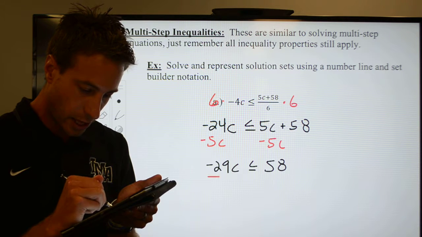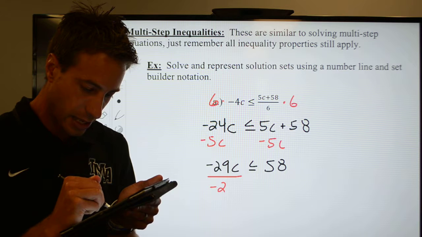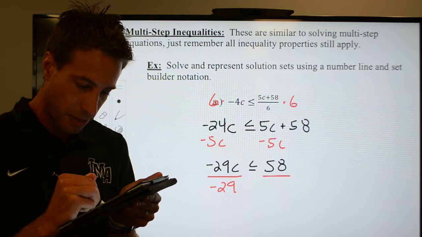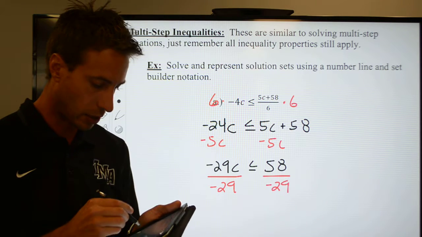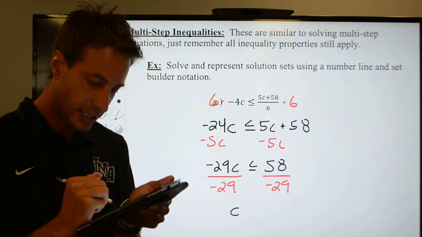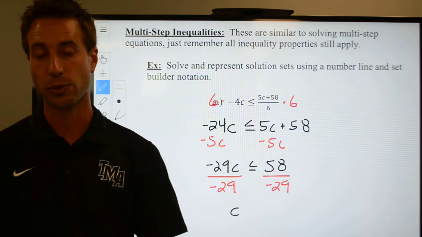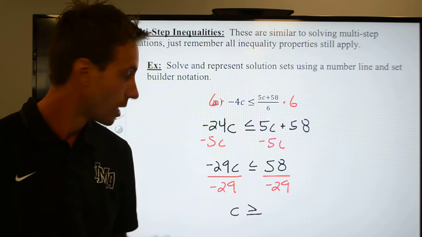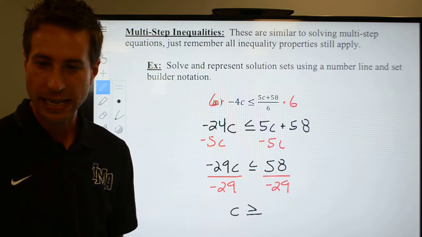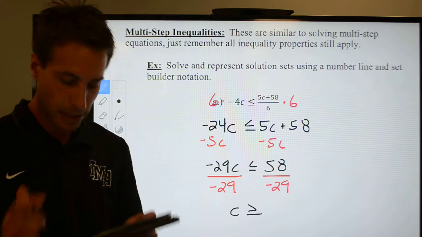That's what we just got done talking about on the previous pages. I'm dividing by a negative number. You need to remember to flip that inequality. So let's do it. C is now no longer less than or equal to. C is now greater than or equal to. And 58 divided by a negative 29 should be a minus 2.